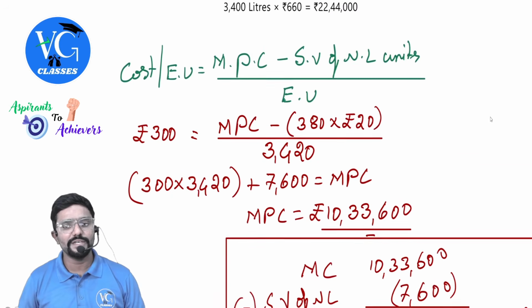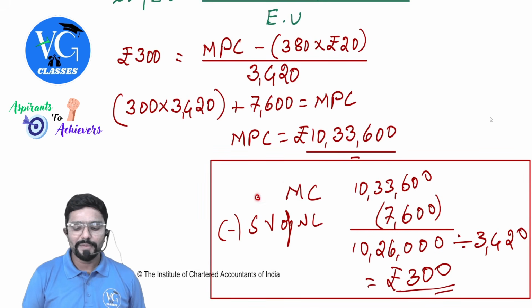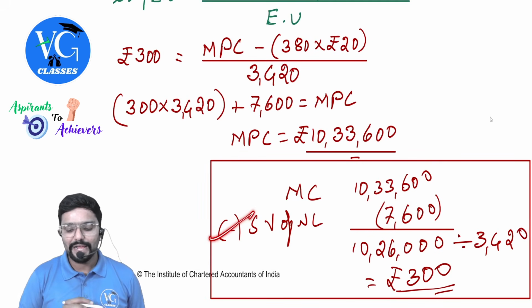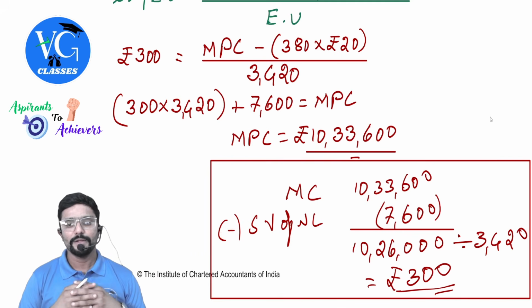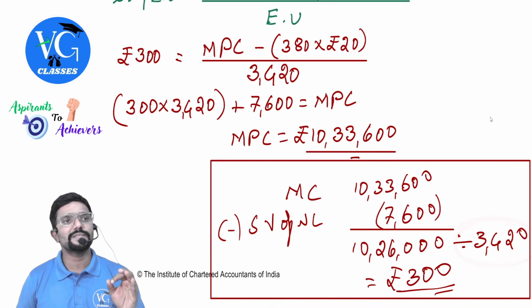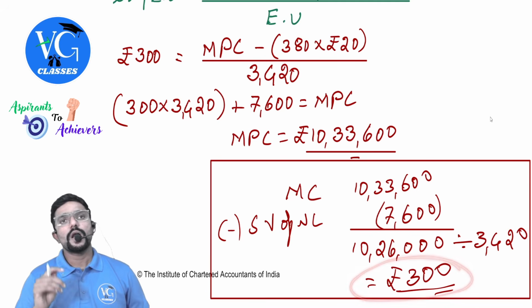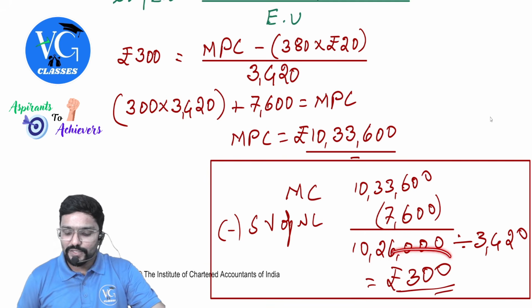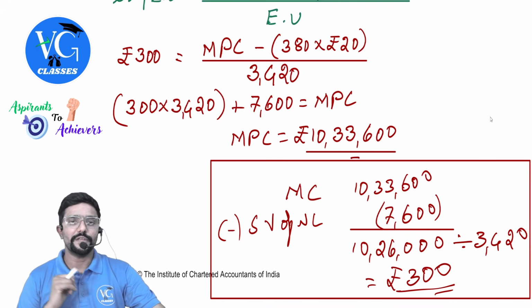Sir, what did you follow here? Whatever we normally do in this calculation: we take material cost 10,33,600, from that we reduce the scrap value of normal loss units, 7,600 in my case. So you will get net material cost divided by equivalent units with respect to material. Now what do you get? Material cost per equivalent unit, but this was already given in the question. We just went in reverse.